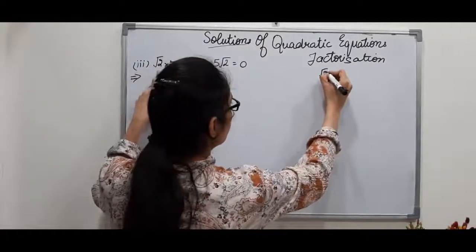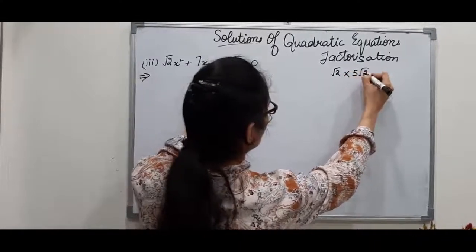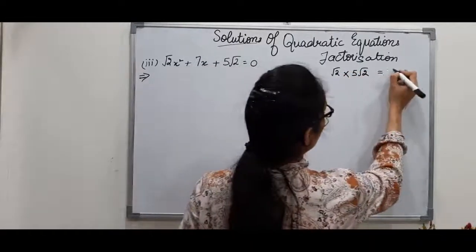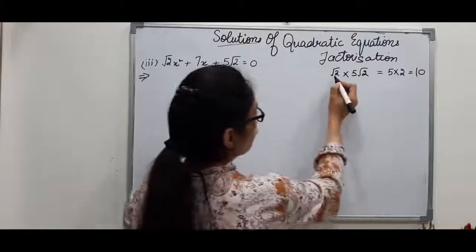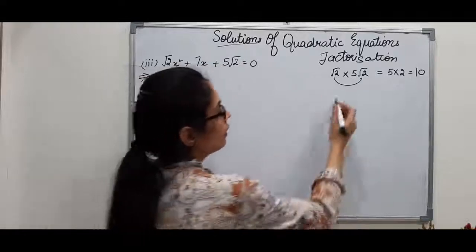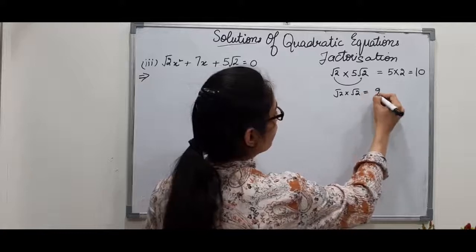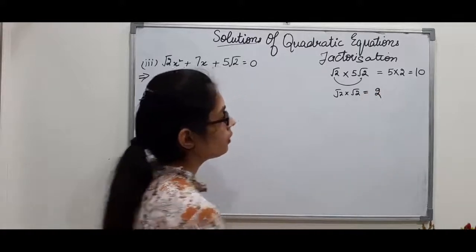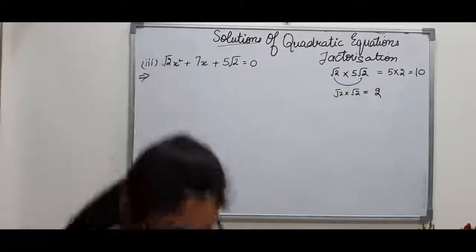The first term is root 2 and the last term is 5 root 2. So I will get 5 into 2, which is equal to 10. When root 2 multiplies with root 2, the same number, I will get 2. So that's why I have written 5 multiplied by 2.